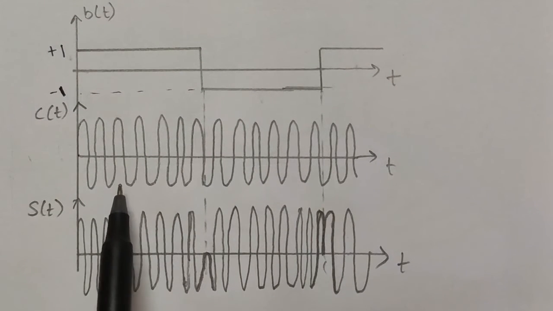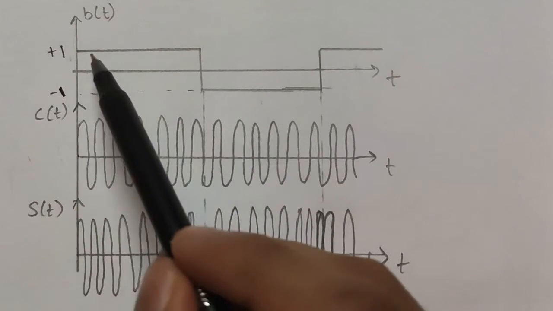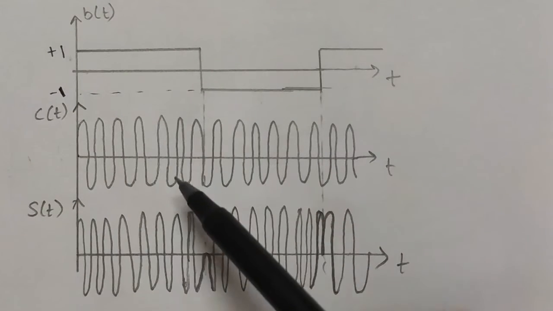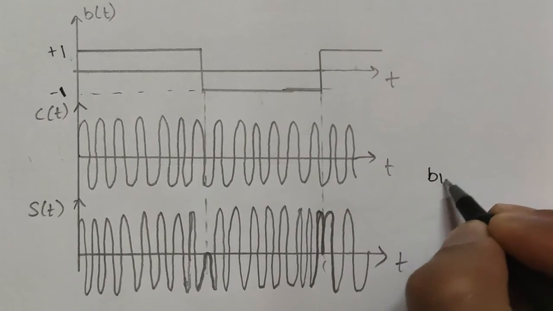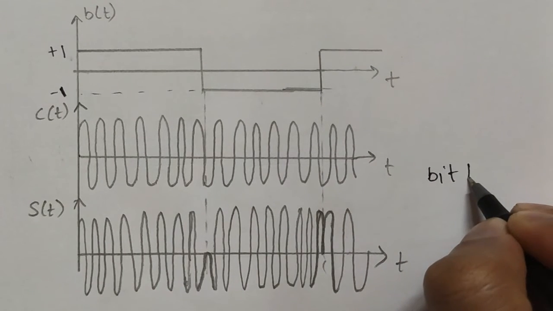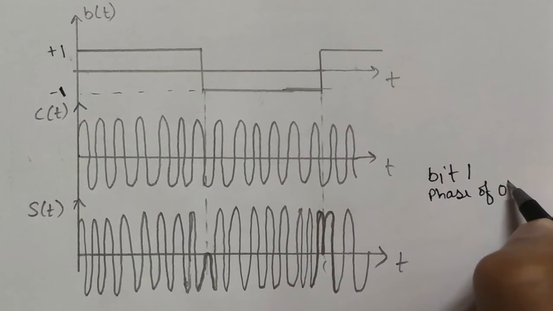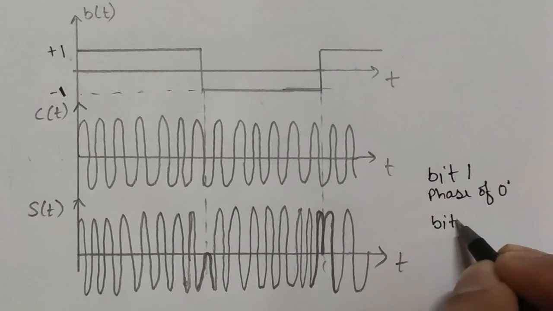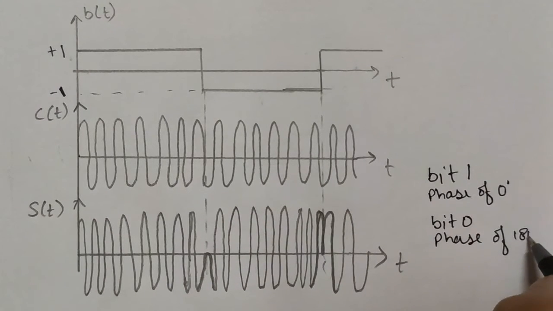This is our high frequency carrier wave, and see, for logic 1, we have a 0 phase shift. That is, for bit 1, we have a phase of 0 degree, and for bit 0, we have a phase of 180 degree.